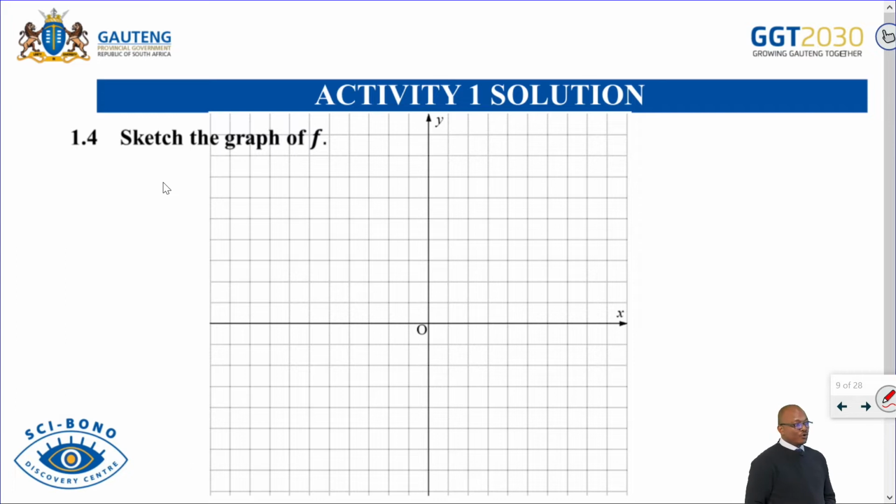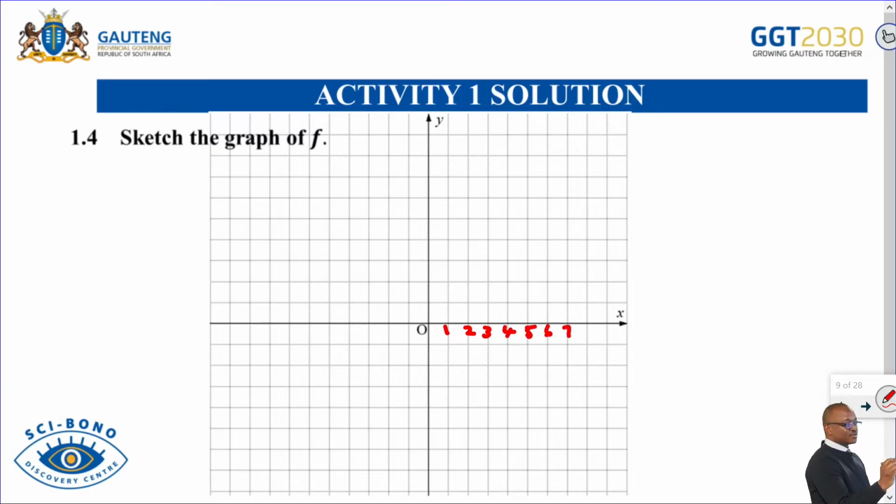So now, on our Cartesian plane, we are going to have 1, 2, 3, 4, 5, 6, 7, 8, and on this side negative 1, negative 2, negative 3, negative 4, negative 5.